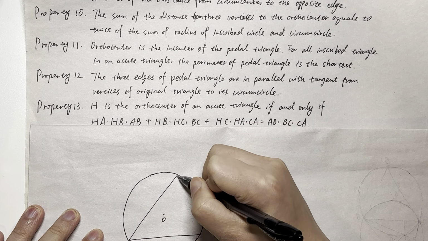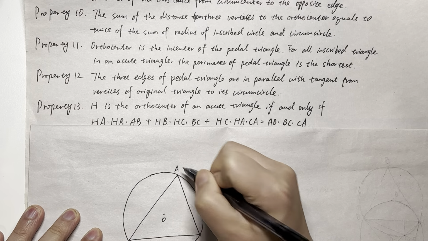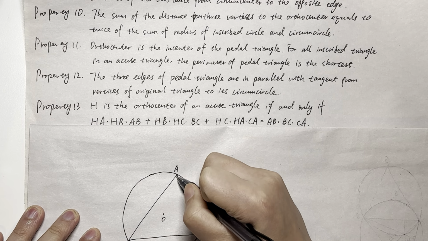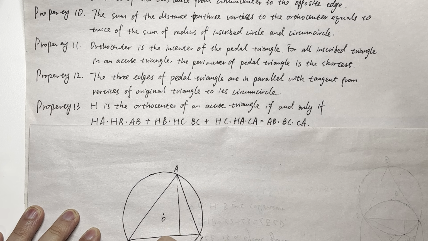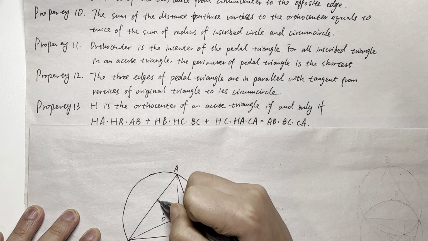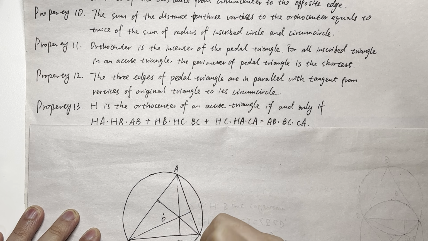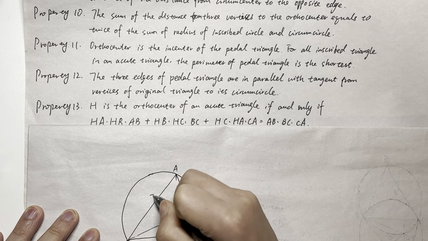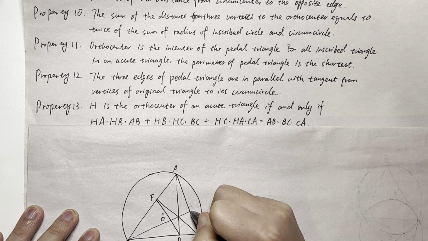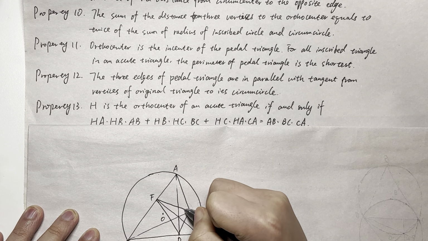and we draw the triangle here, A, B, C, and we want to find the D, E, F here, and we know that this is a pedal triangle.